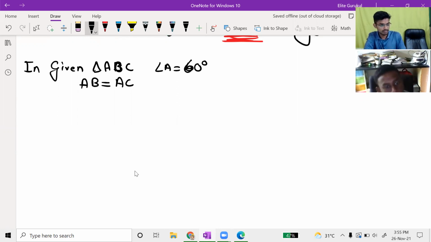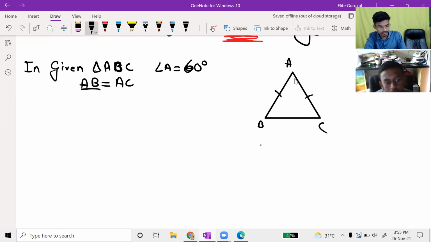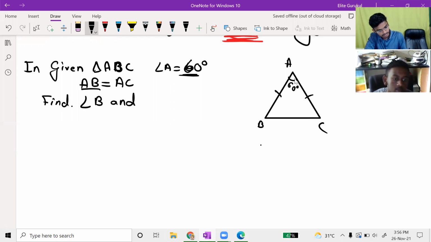So let us draw the diagram first. A, B, and C. We know that AB is equal to AC, and angle A is 60 degree. Find angle B and angle C.